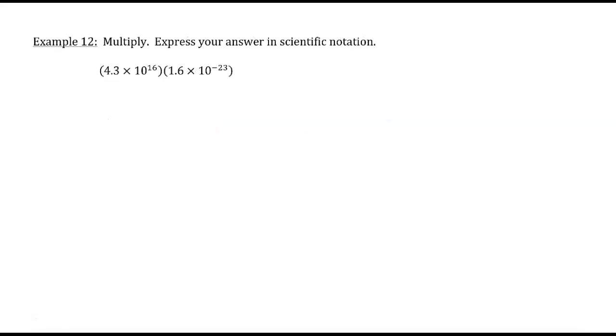Going on to example 12, now we will multiply two numbers that are written in scientific notation. Notice that this is simply 4 factors multiplied together. 4.3 times 10 to the 16th times 1.6 times 10 to the negative 23. So let's reorder this a little bit. We'll start by multiplying together the 4.3 and the 1.6.